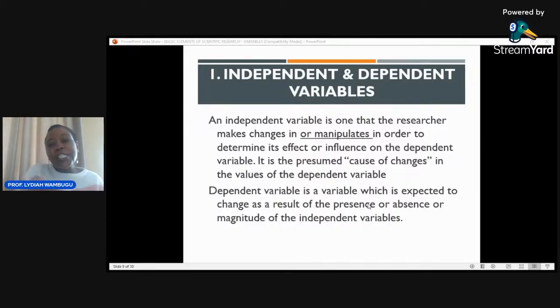If I want to increase my yield on the farm, I will have to think about the fertilizer. I will have to think about the type of soil that I have, so that once I increase the fertilizer, and this is very hypothetical, then chances are my yield is going to increase.